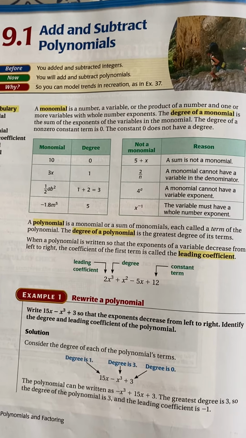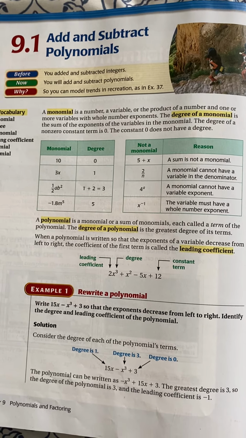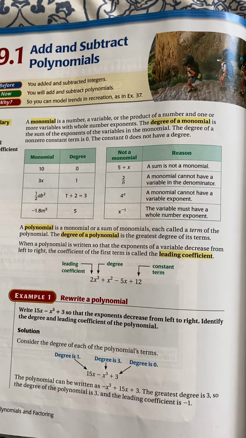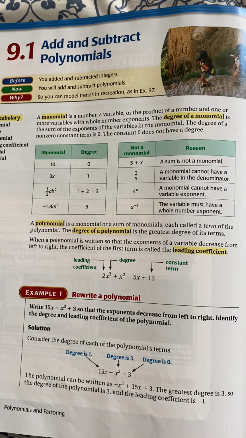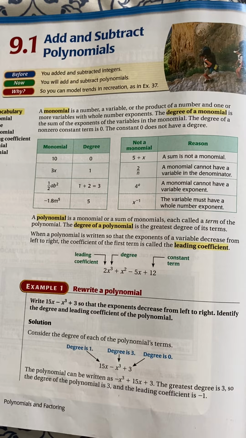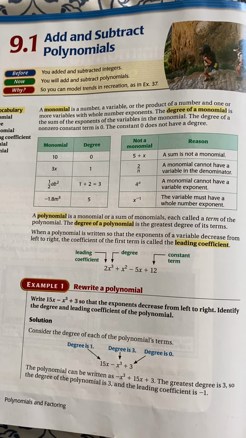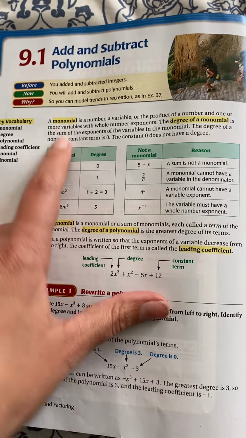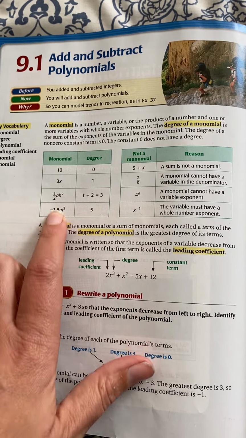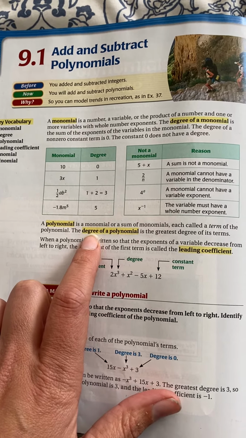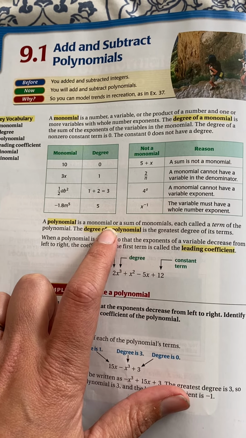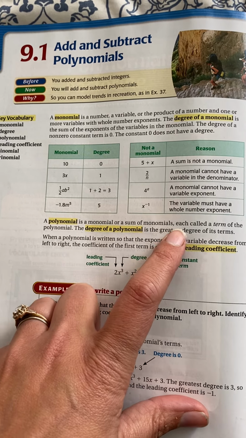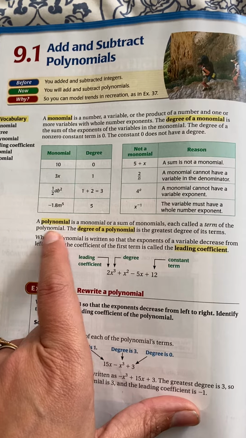Okay, a polynomial. So that's a monomial. You can think of mono means one, kind of Latin words. Poly meaning many. And mono means one. It's just things multiplied times each other. A polynomial is a monomial or a sum of monomials, each called a term of the polynomial.